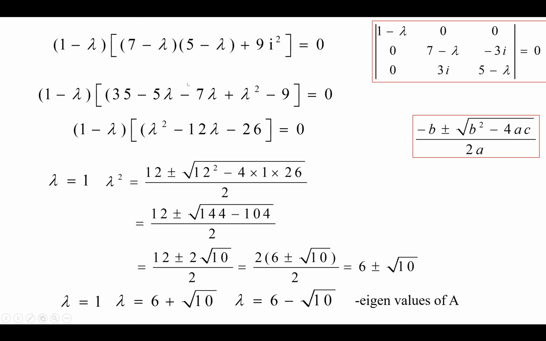Simplifying, 35 minus 9 gives us 26, lambda squared, and minus 12 lambda. So 1 minus lambda times (lambda squared minus 12 lambda plus 26) equals 0.